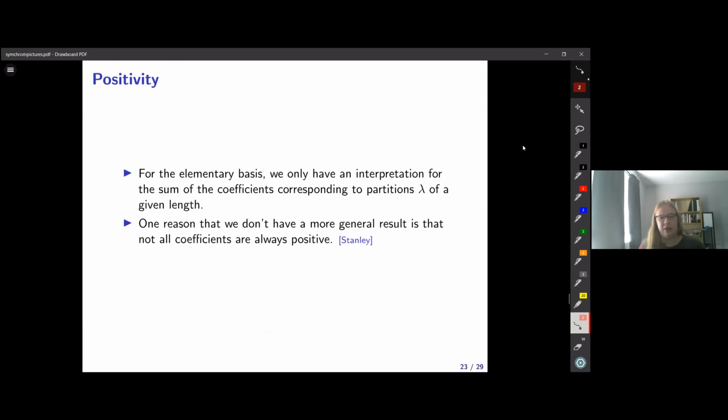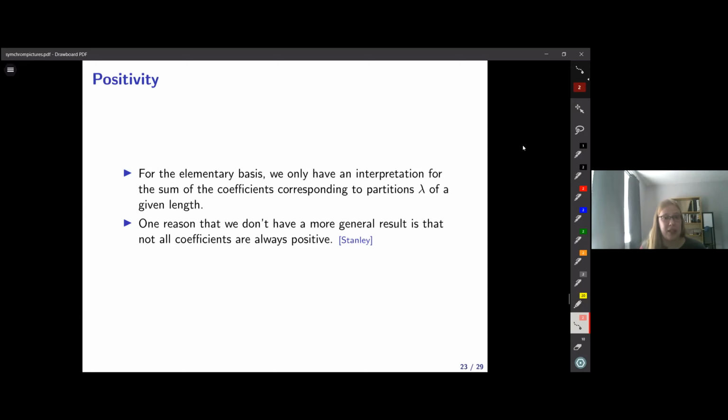And so what I want to tell you about now is basically what are the questions that people have about this. And we looked at the first one, what do the coefficients mean? And for the E basis, the elementary basis, you'll have noticed we looked at sums over all partitions of length k, and we had an interpretation for that sum. But for the M's, we actually could say something about individual coefficients, and the same sort of for the P's.